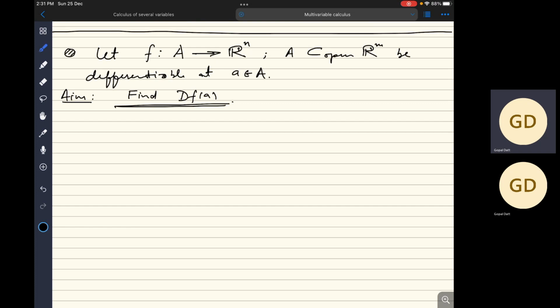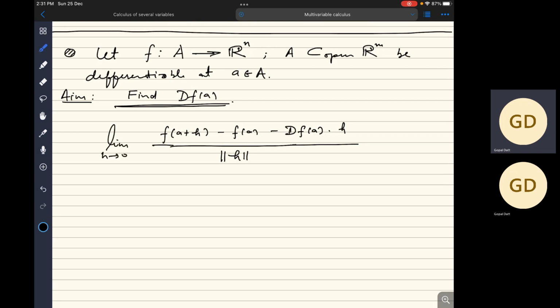So since f is differentiable at a, we know that the norm of f(a+h) minus f(a) minus Df a dot h, divided by norm h, goes to 0 as h goes to 0. We know this.